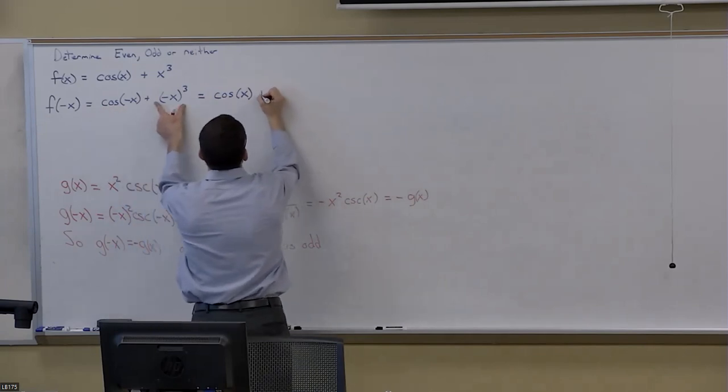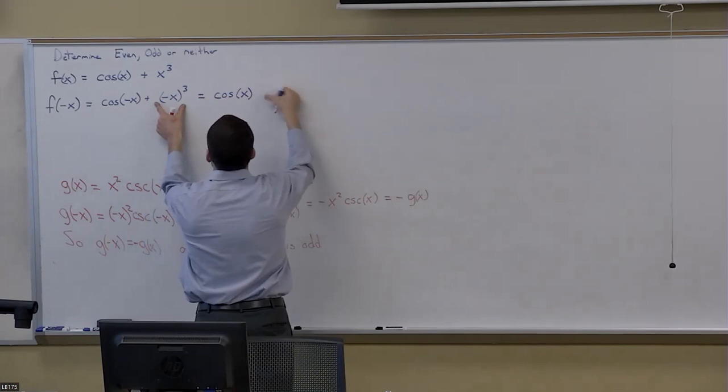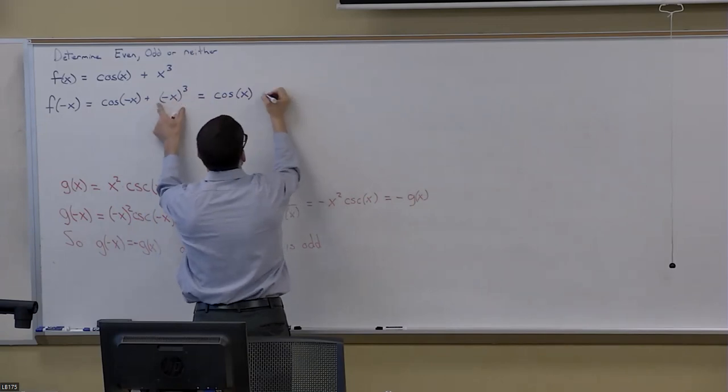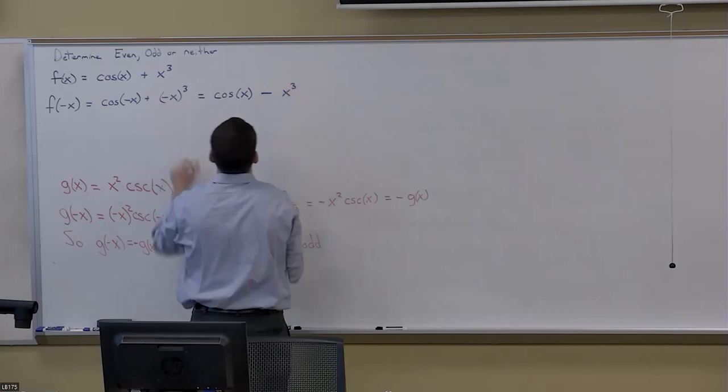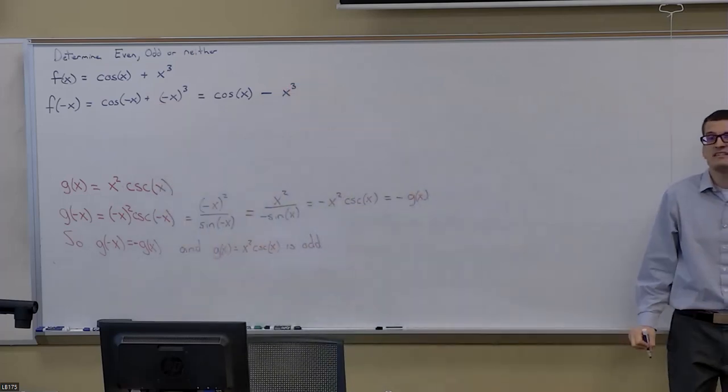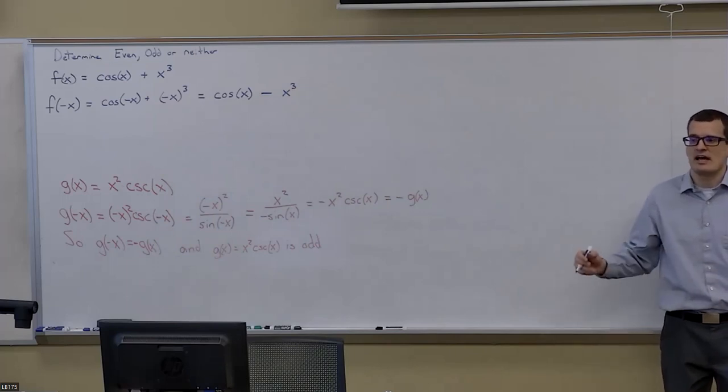However, we all know what happens with x to the third. When I take a negative x to the third, it is still negative. And so I basically get minus x to the third.